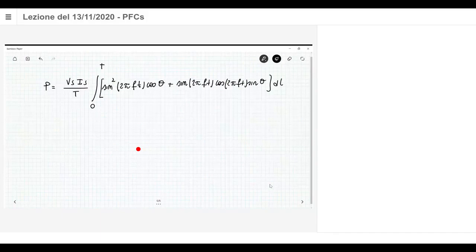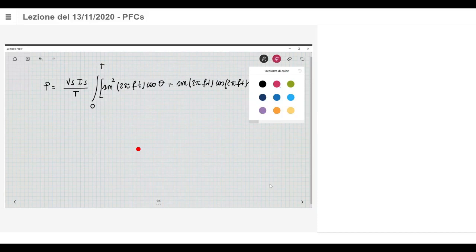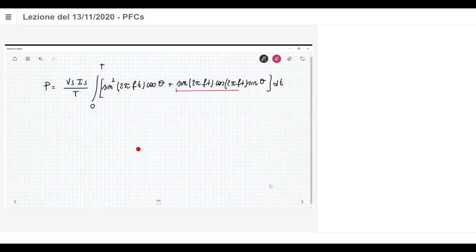Now you can recognize that this product here, the sine multiplied by the cosine having the same frequency, integrated over 0 to T, gives you 0. So you just have this contribution here. The integral of the sine squared over the period T gives you exactly T divided by 2.